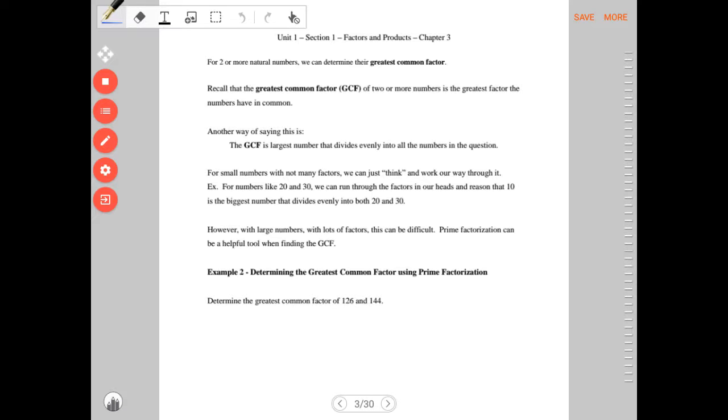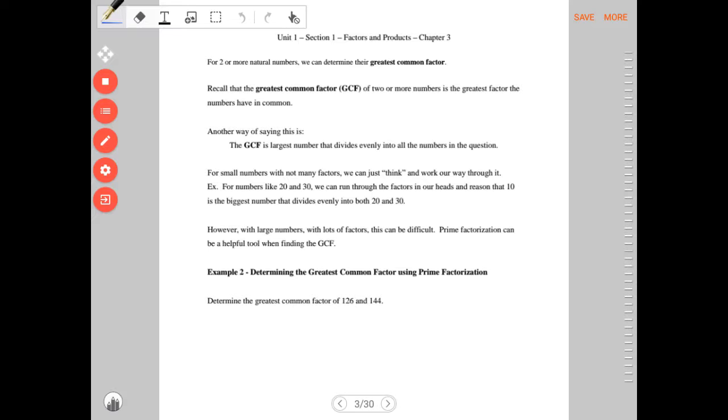For small numbers with not many factors, we can just think and work our way through it. It's not that big of a deal. For example, numbers like 20 and 30. We can run through the factors in our heads. 20 is 1, 2, 4, 5, 10, 20.